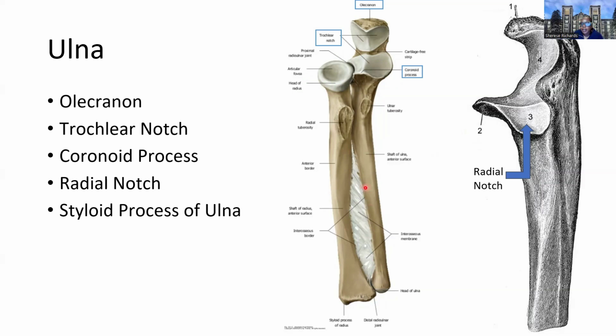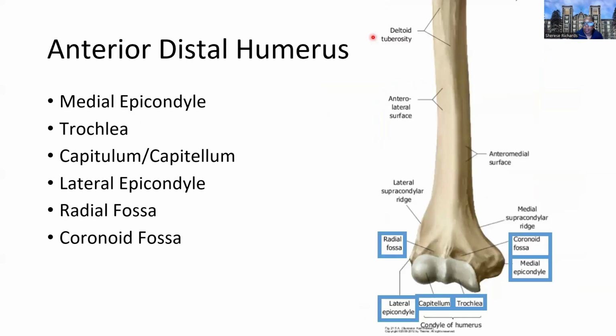Now, as far as the landmarks or features of the ulna, we have the olecranon being this large beak-like or hook-like projection of the ulnar bone. We've got the trochlear notch. Remember, the trochlear notch is named according to the trochlea of the humerus. I'm going to go back here briefly.